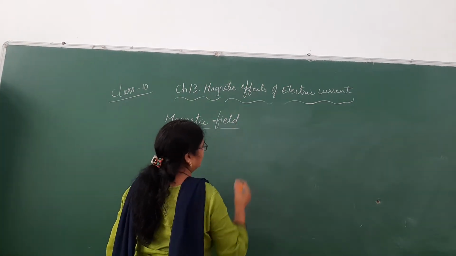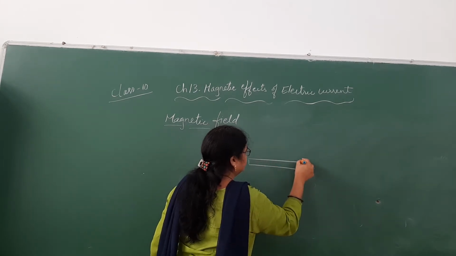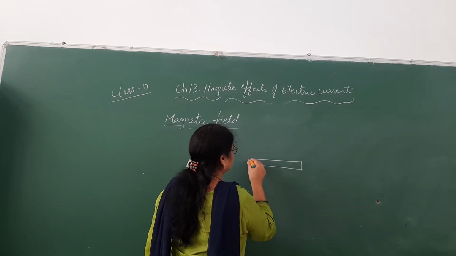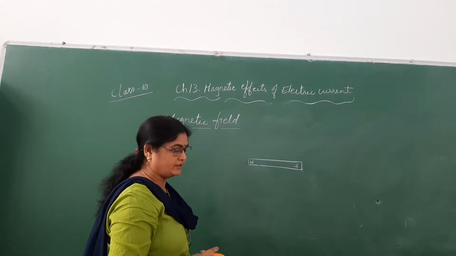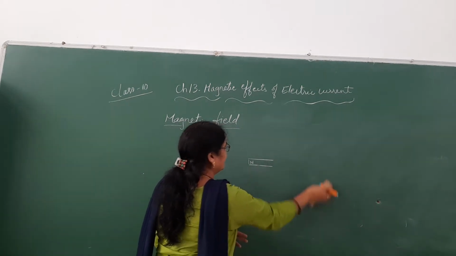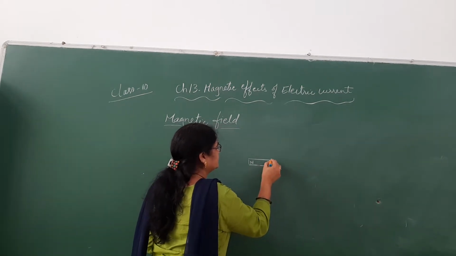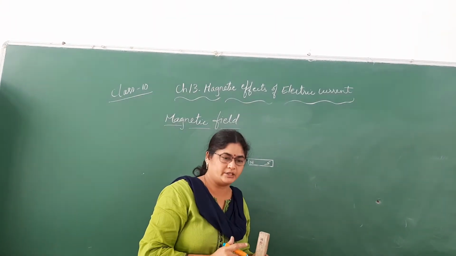Let us take a bar magnet with its north and south pole like this. Then we have the influence of this bar magnet all around it.